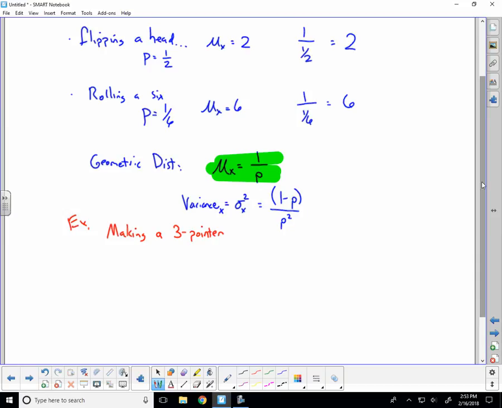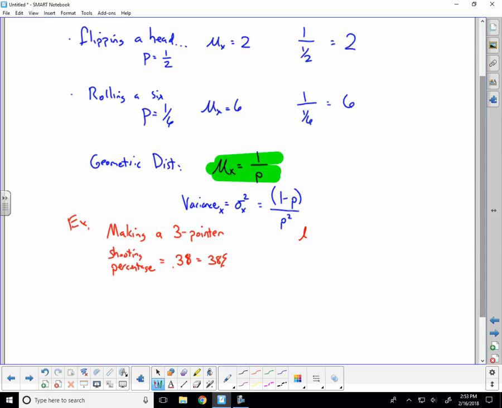Many times basketball players have statistics for their overall field goal percentage, but then they calculate their three-point field goal percentage. Let's say their shooting percentage is 38%, 0.38. They're shooting 38% from three-point land.